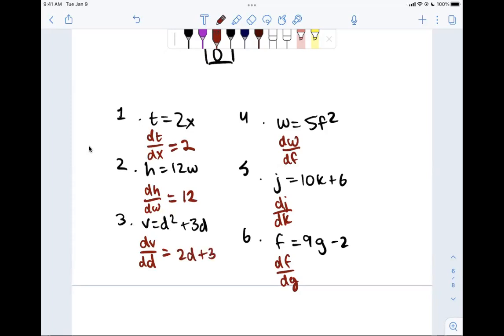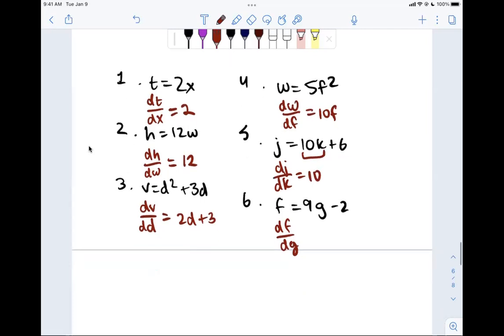Plus 3. 3d is just a constant multiple of d, so we just get 3. dw df will be, so we're pulling the 2 down, multiplying by the 5, so 10f. Okay, this one's just going to be 10 from the 10k. The constant doesn't matter because we just get 0 when we differentiate a constant. And finally, the same thing here, we're just going to get 9 from the 9g term, and the minus 2 doesn't matter.